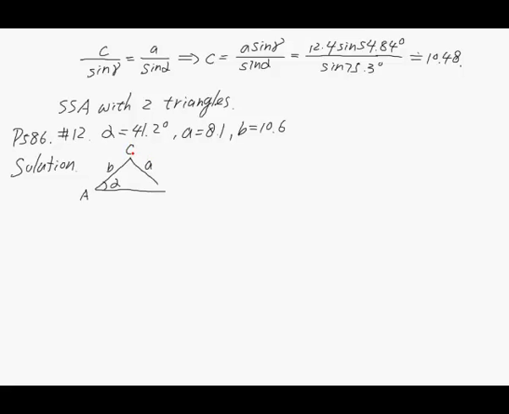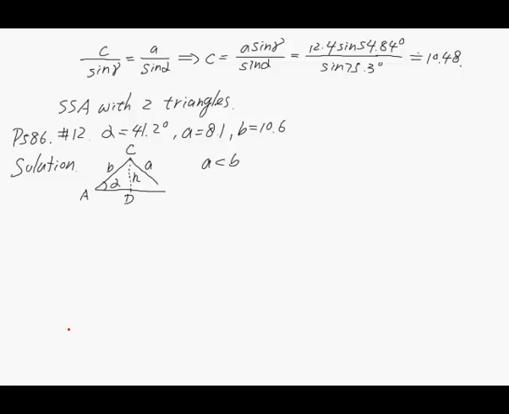This point C, vertex C, and we can draw the altitude from C to this bottom line. Let me call this point D. So now let's first compare a with b. So definitely a is less than b, right? So a is less than b. Then we need to compare a with this h.